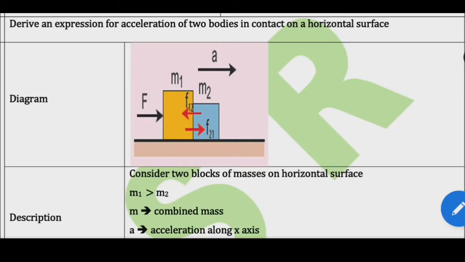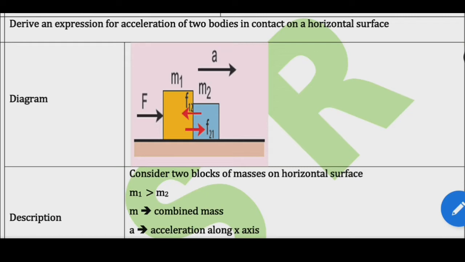Consider two blocks of masses m1 and m2, m1 is greater than m2, kept in contact with each other on a smooth horizontal frictionless surface as shown in the figure.